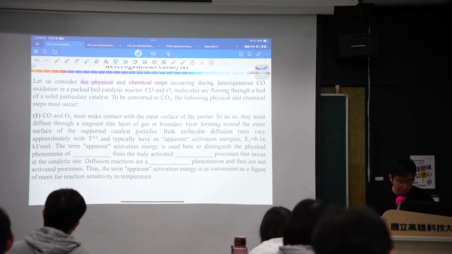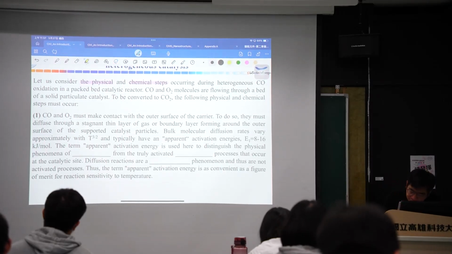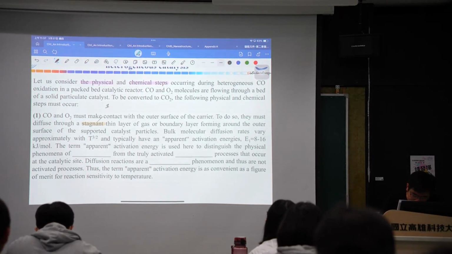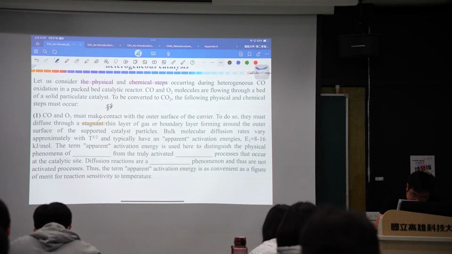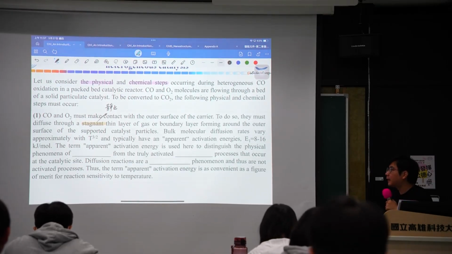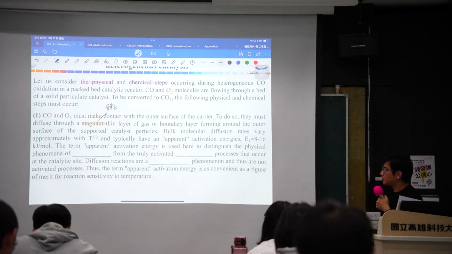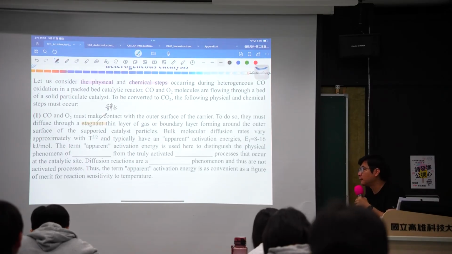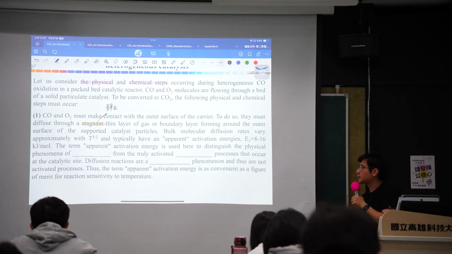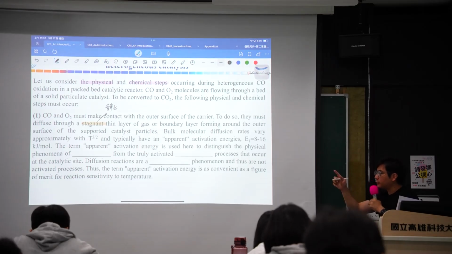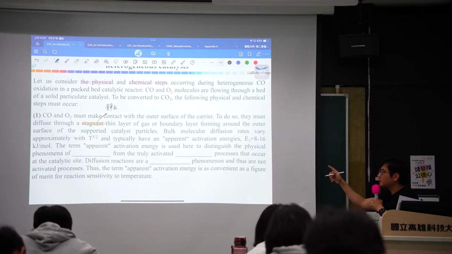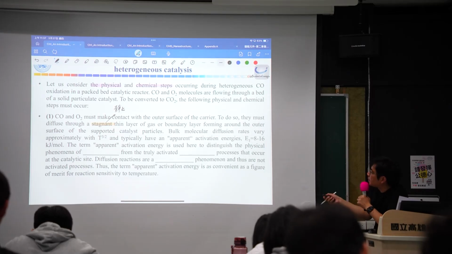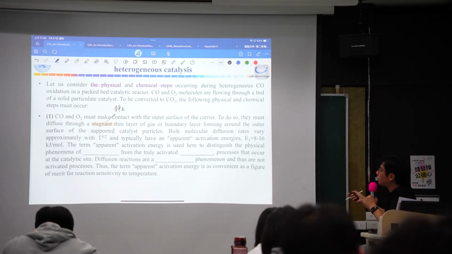They must diffuse through a stagnant layer. This is A diffusing through a non-diffusing, stagnant B, a standard diffusion model, through a stagnant thin layer of gases or boundary layer forming around the outer surface.